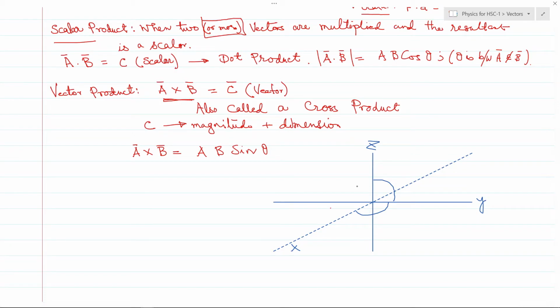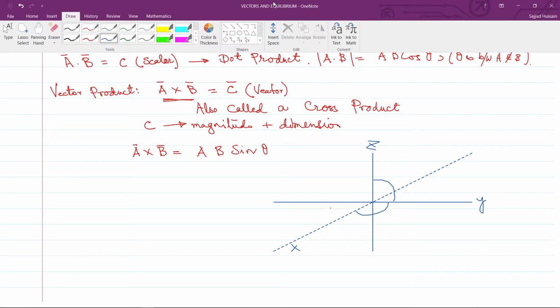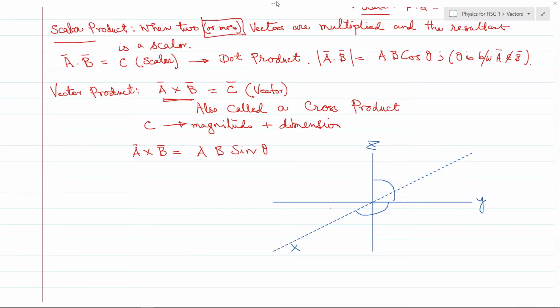In that case, what will happen? Suppose we have two vectors.